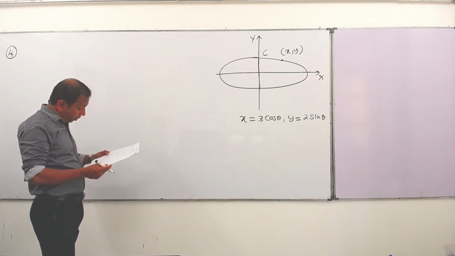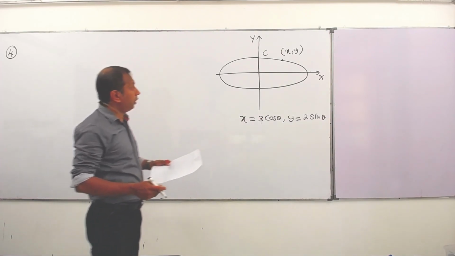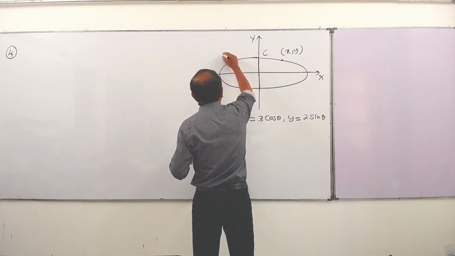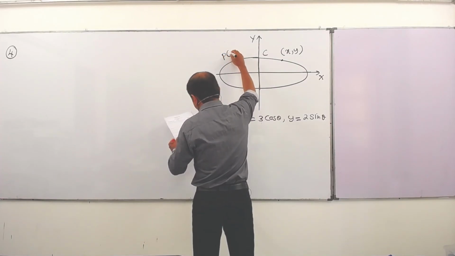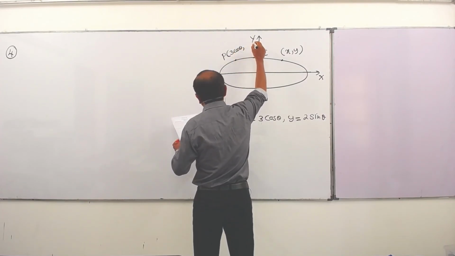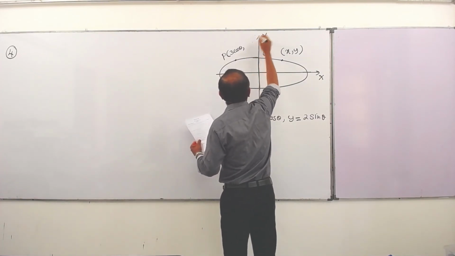Show that the equation of the perpendicular drawn to this ellipse at P. We take a point P here. That point P has the coordinates 3 cos theta and 2 sin theta.